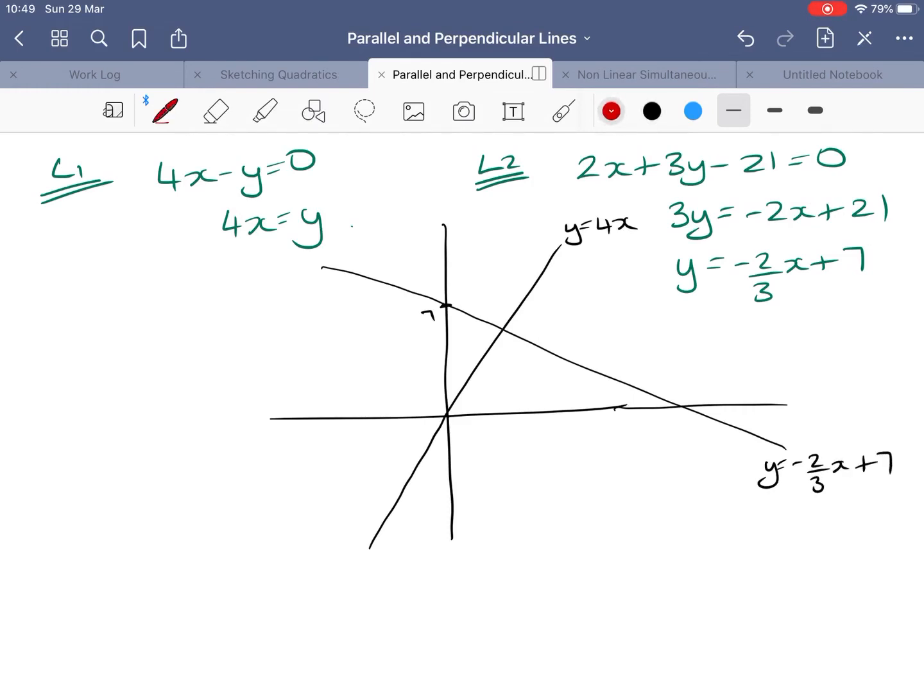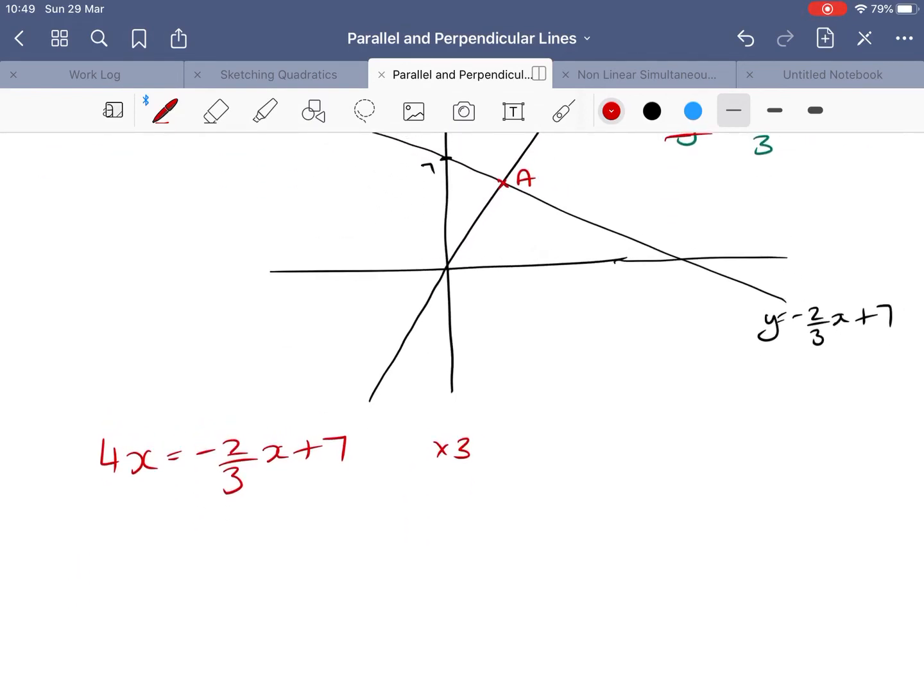And the first part of the question is, find the coordinates of A where these two lines intersect. So this goes back to last lesson. What we do is we say the y value is the same at both of these points. So my 4x must equal my minus 2/3 x plus 7. The denominator makes it quite difficult, so I would multiply every term by 3.